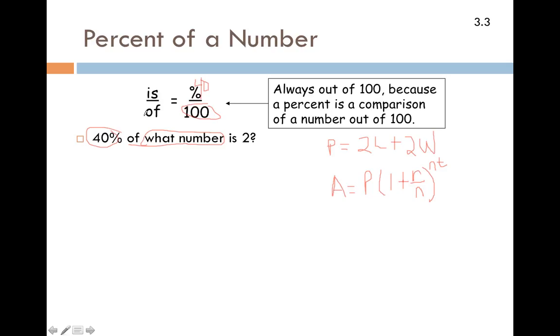So we can take of out and put n in its place, or x. And then we can see is 2. So that's going to be our problem. We're going to have 2 over n equals 40 over 100.